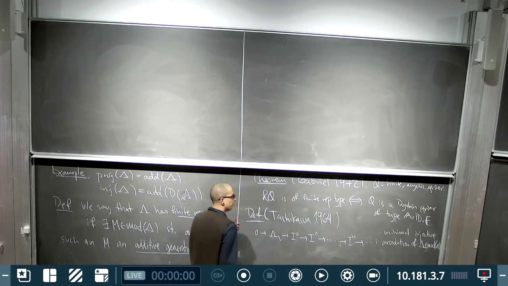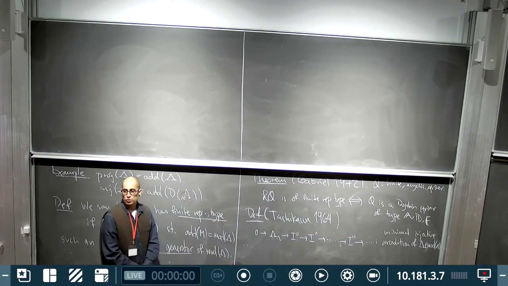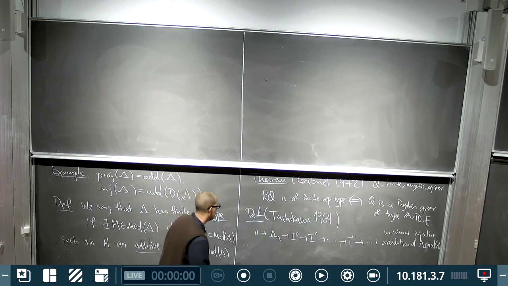So Tachikawa defined a certain homological dimension associated to a finite dimensional algebra called the dominant dimension.